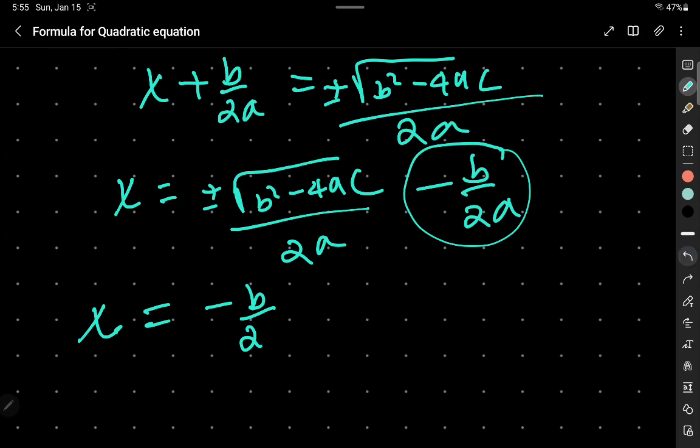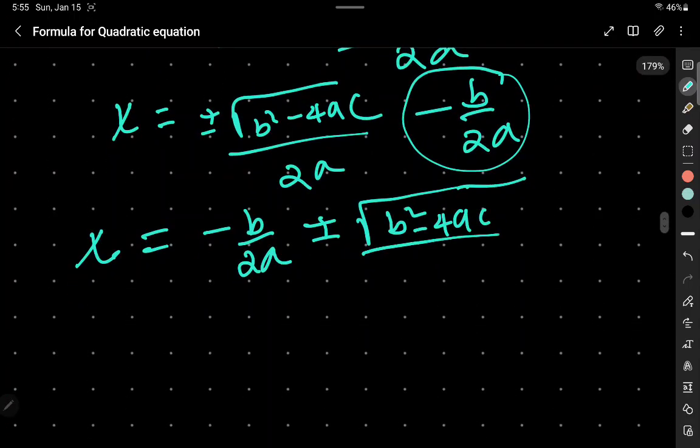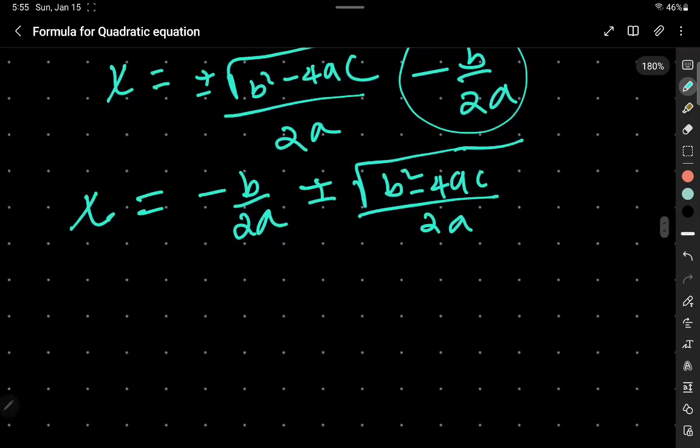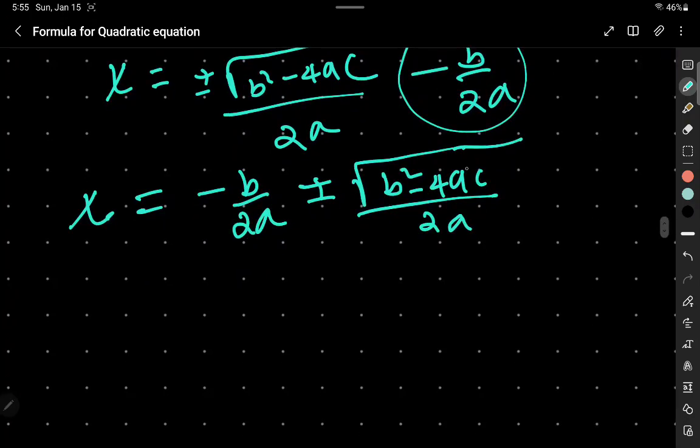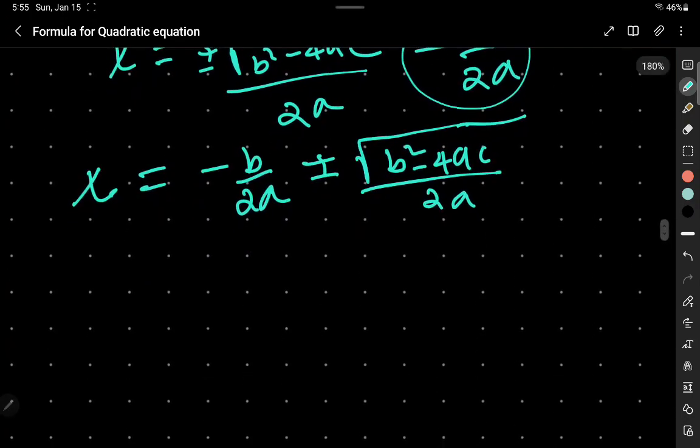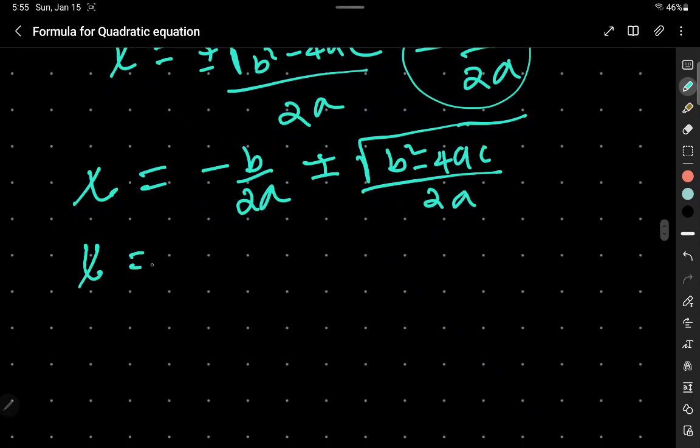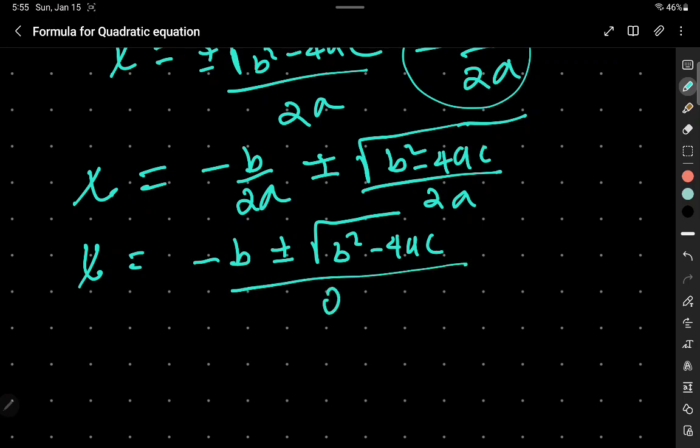So now we have x equal to minus b over 2a plus or minus the square root of b squared minus 4ac over 2a. Now, minus b over 2a and the square root of b squared minus 4ac over 2a have the same denominator 2a, meaning your x is going to be minus b plus or minus the square root of b squared minus 4ac, everything over 2a.